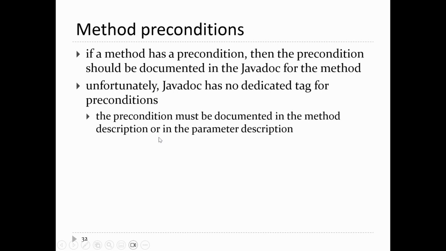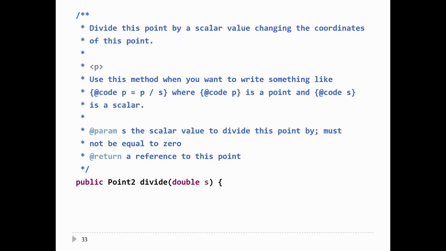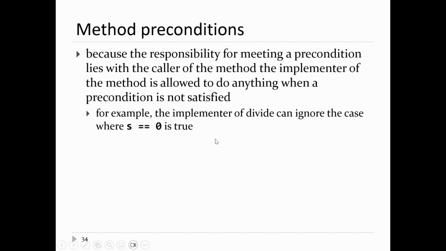So you end up documenting the preconditions in the description somehow. For example, in divide, the documentation for the parameter indicates that s must not be equal to 0. So there's the documentation for our precondition here.